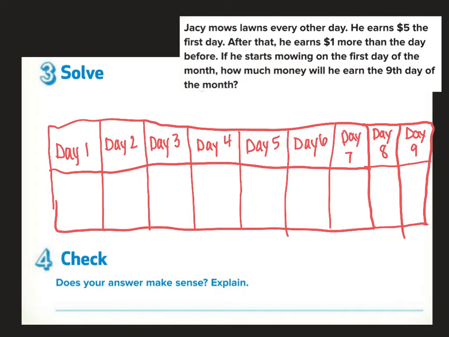Okay, then what I know is he starts off making $5, then it's going to go to 6, because he makes $1 more than the day before.